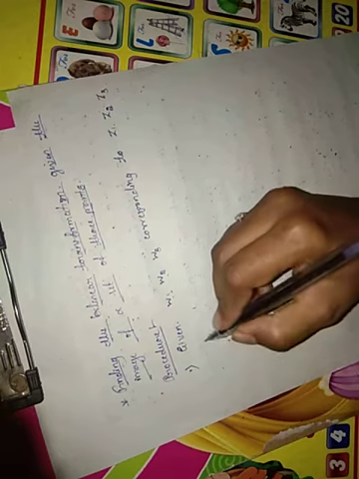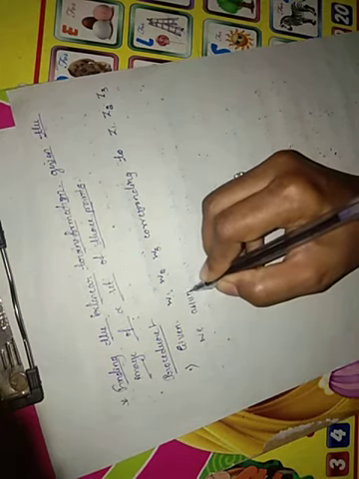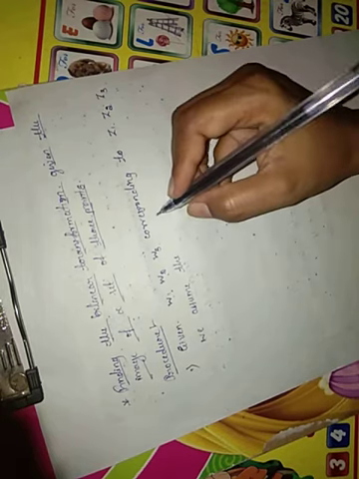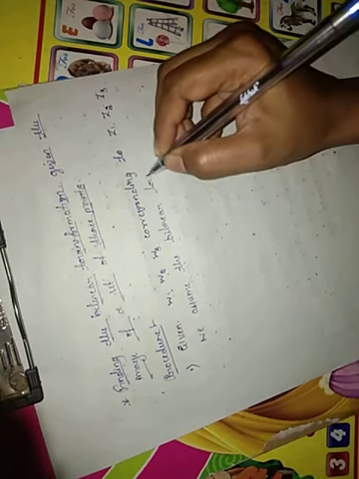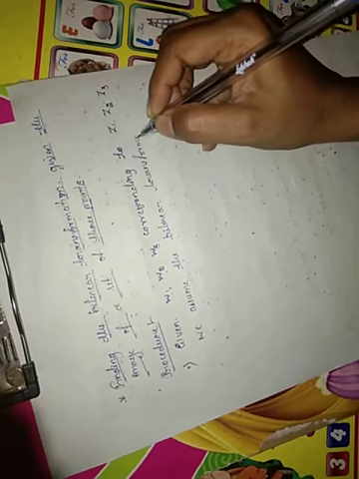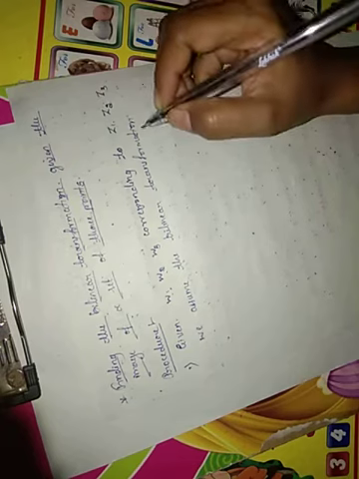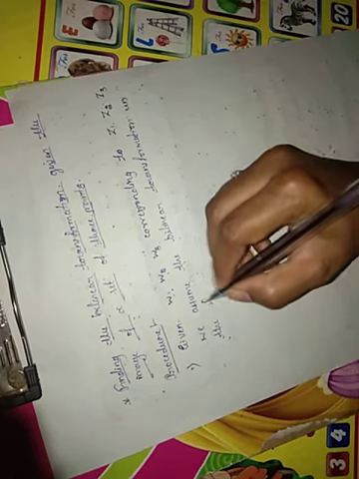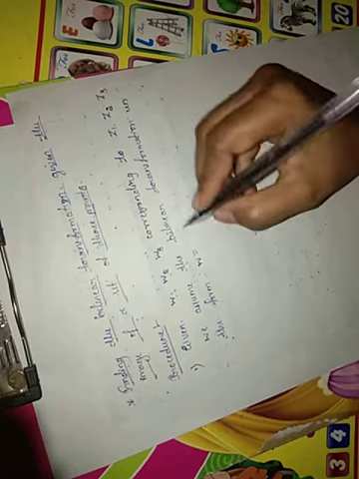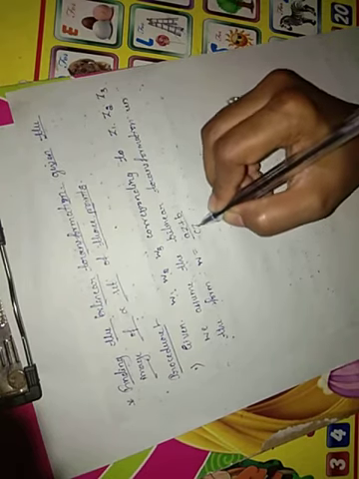And then we assume the bilinear transformation in the form W equal to AZ plus B divided by CZ plus D. So that is our first point.